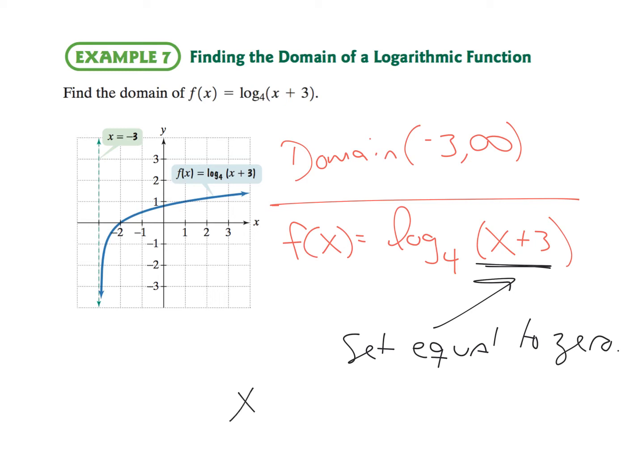Okay, so x plus 3 is equal to 0. Solve for x, so if I just move the positive 3 over, x equals -3, that gives me my vertical asymptote. So that tells me it's going to be everything right of that value.